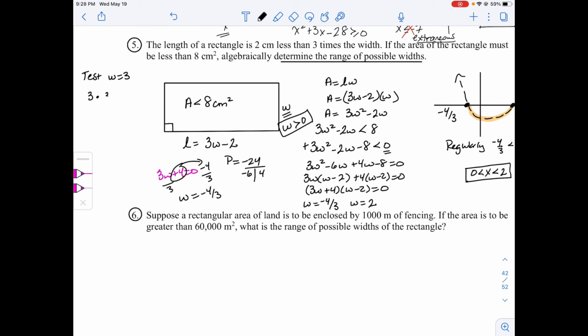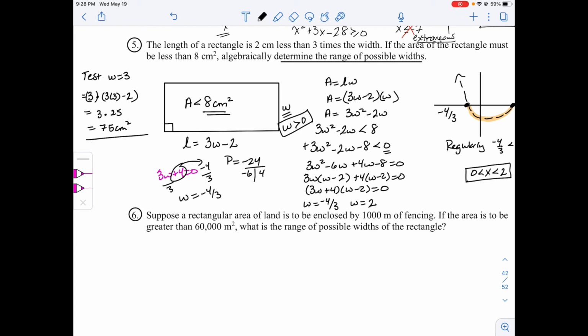Our length would be 3 times 3 minus 2. I'm going to put a bracket around there. That would be 3 times 3 would be 27 minus 2, which would be 25. And therefore our area would be 75 centimeters squared. But we want that area to be less than 8.